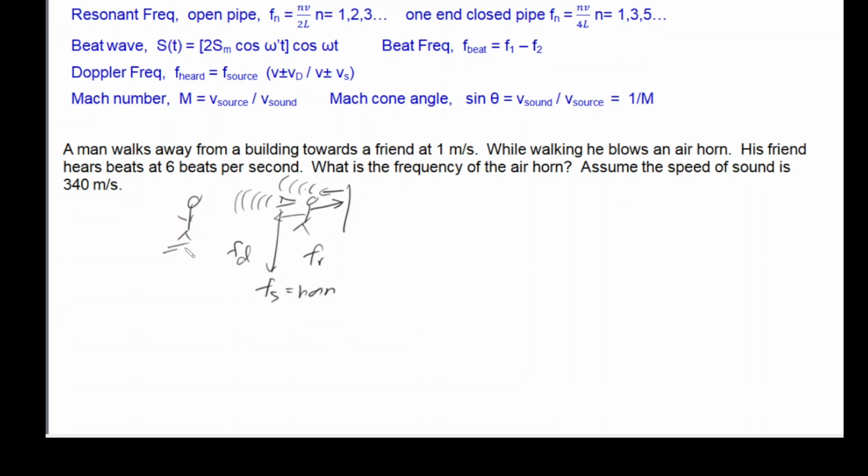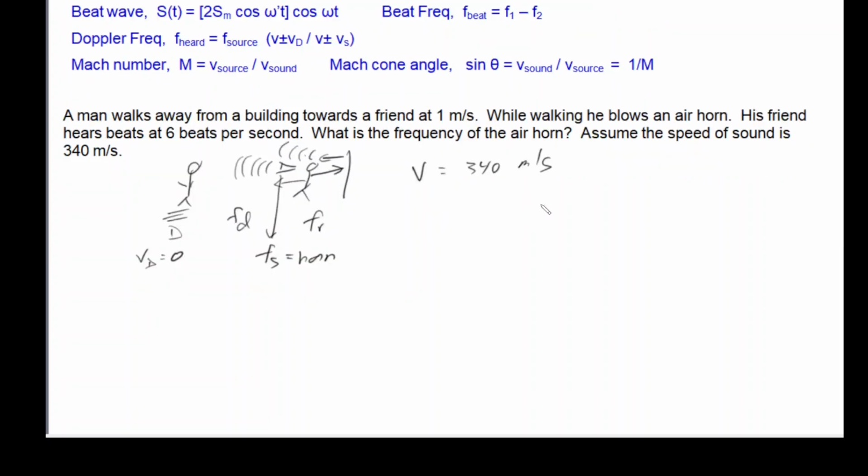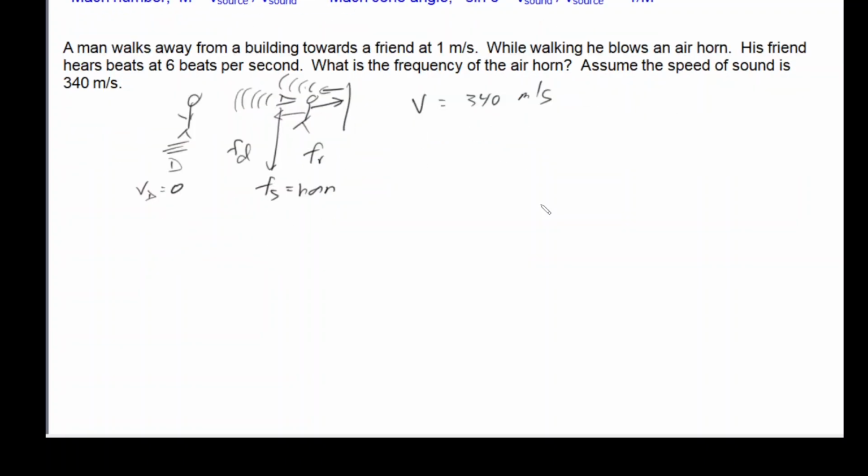Now, in both cases, the friend, who's the detector, is not moving, so the velocity of the detector is equal to 0. And we have velocity of sound equal to 340 meters per second. And the velocity of sound can vary depending upon air temperature and other factors. So let's start with the frequency of the direct wave. And again, these undergo Doppler shifts.